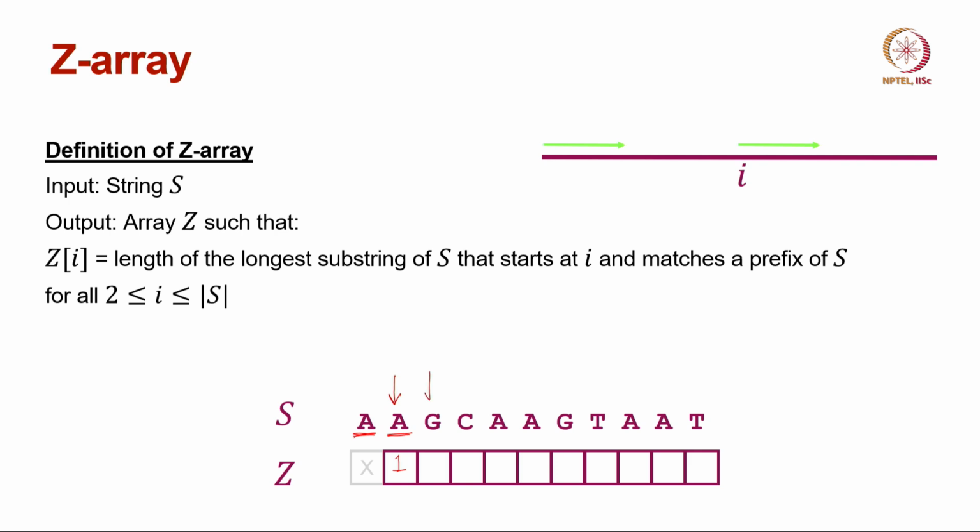At position 3, note that there is no substring starting at this position matching a prefix of S. So the Z value is 0.